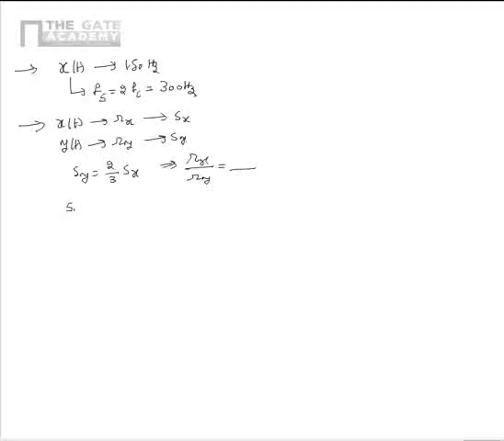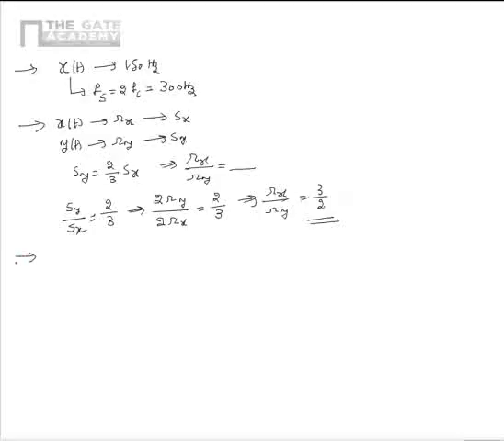From the given data, we see that S_y/S_x is equal to 2/3, but we know that S_y is equal to 2ω_y and S_x is equal to 2ω_x, so the corresponding ratio should be equal to 2/3. From this, we can write that ω_x divided by ω_y is equal to 3/2.